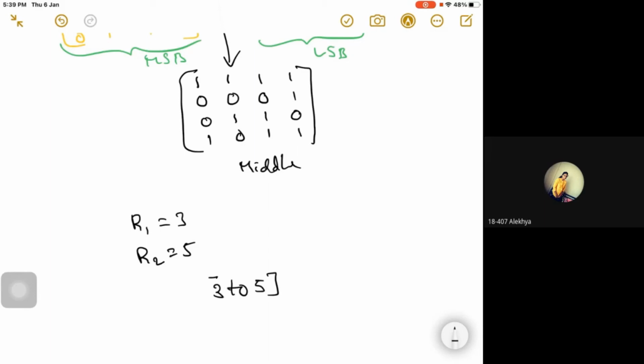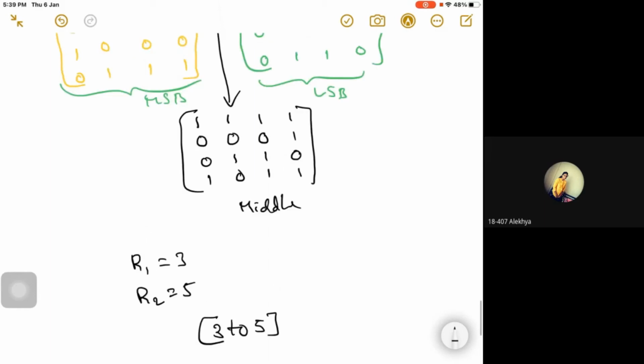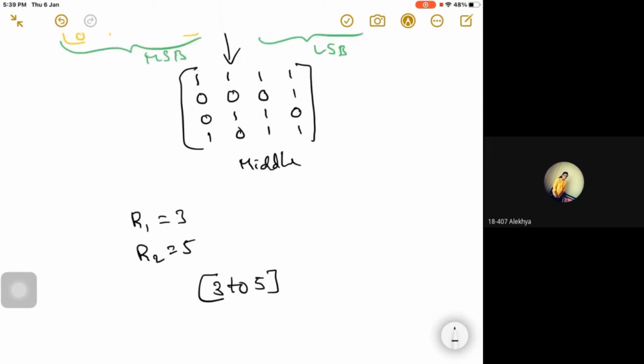After making the bit plane slices, by considering this range, if any pixel value is in between 3 to 5, then leave the pixel value as it is.